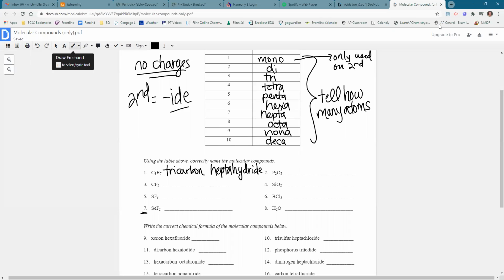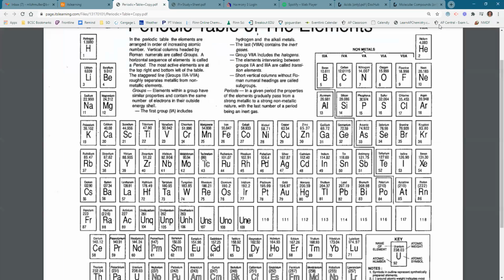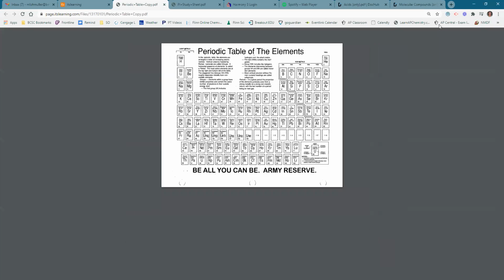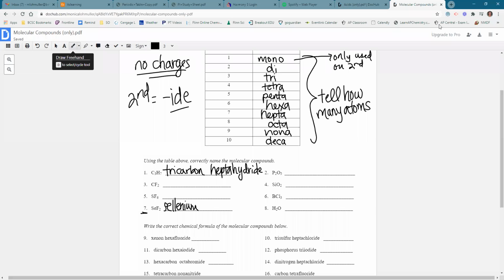We're just going to put selenium because it's the first part. I think there's 2 L's in selenium. That's hard to read. Is there only 1 L? Oops, sorry. Okay, 1 L. I'm going to spell everything, I guess. Selenium. No mono, just selenium.